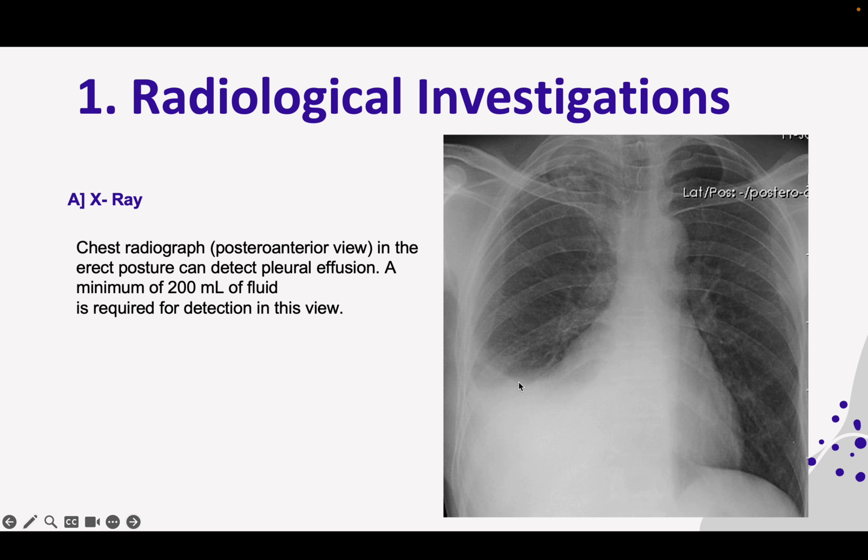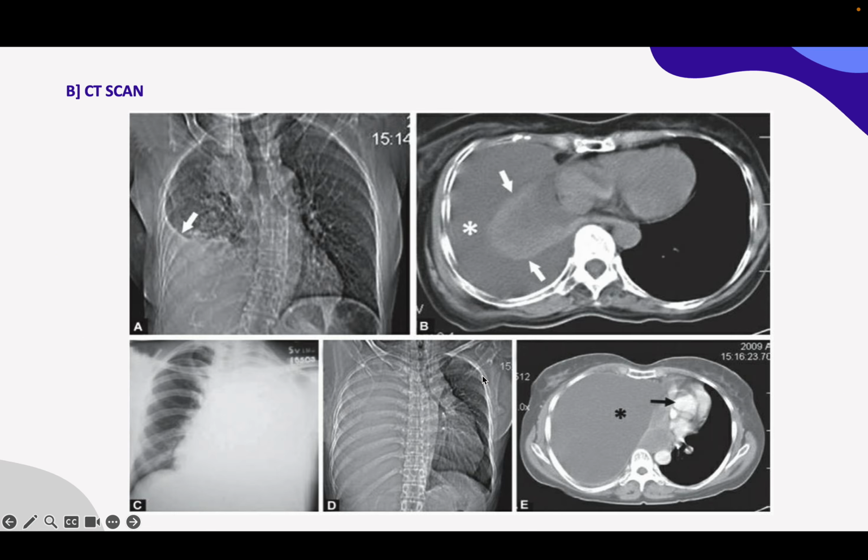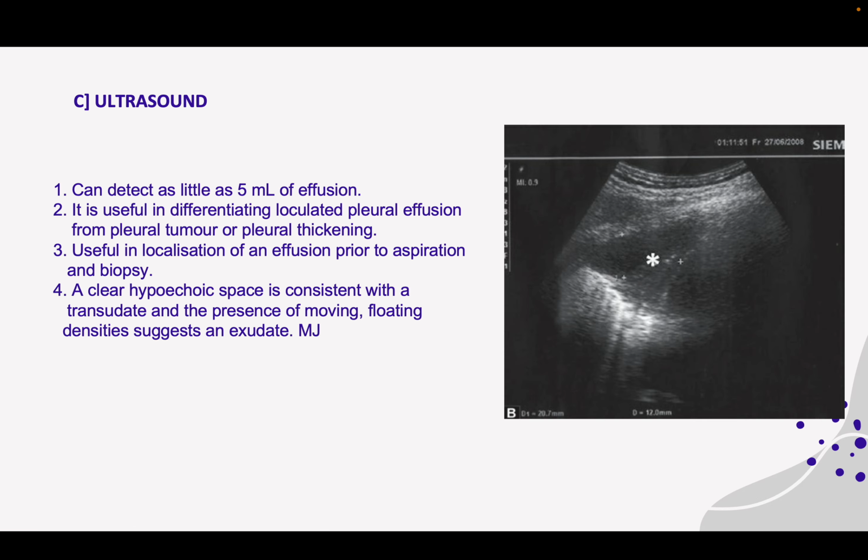When we see this chest x-ray picture, it usually needs a minimum of 200 milliliters to show a sign like this. We can also use ultrasound, and it can detect a minimal fluid collection of effusion.